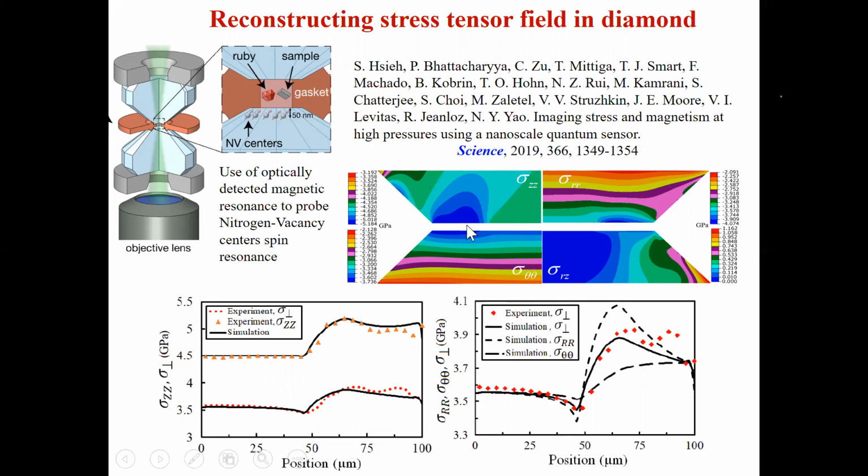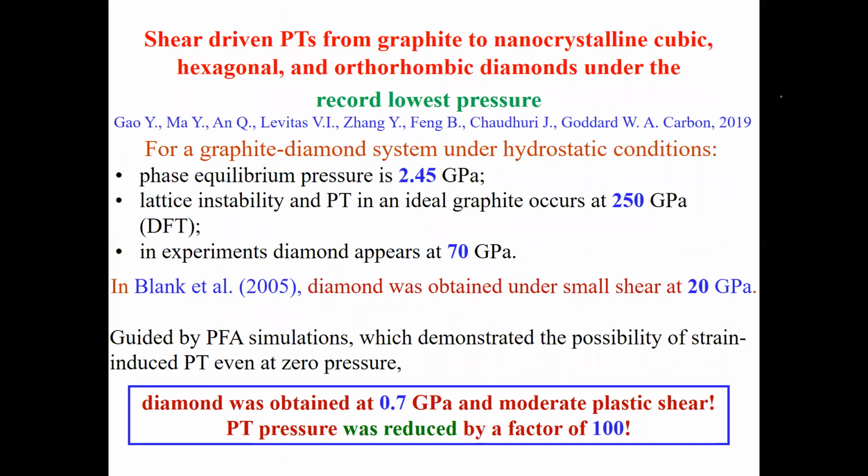And then with this boundary condition we can produce the distribution of stresses in the entire anvil. And the last result: shear-driven phase transition from graphite to diamond. I will talk only about cubic diamond.